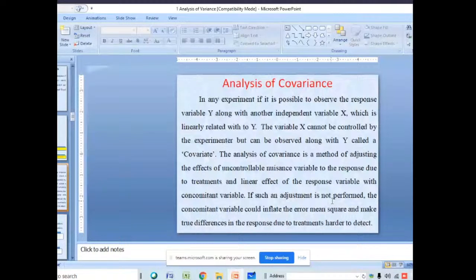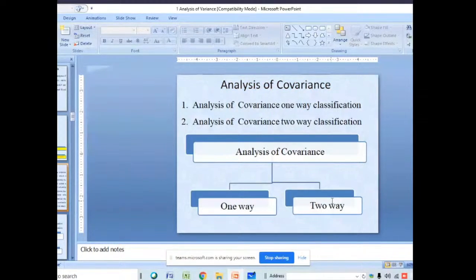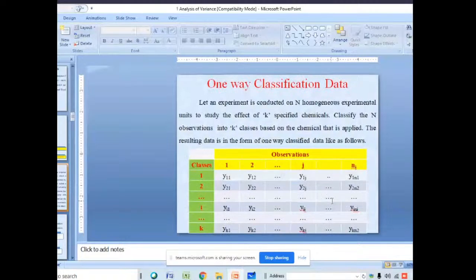If such an adjustment is not performed, the concomitant variable could inflate the error mean square value, that is the variance, making true differences in the response due to the treatments harder to detect. So this is another concept. In this also you can go for one-way classification, two-way classification, and also m-way classifications.